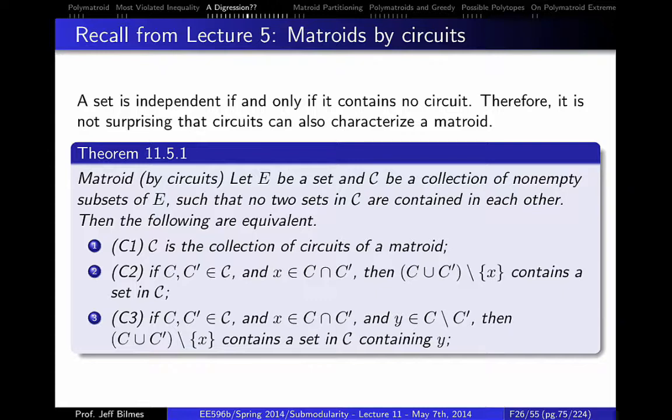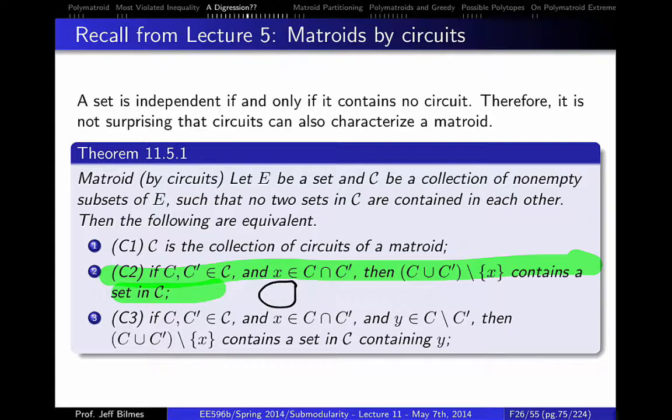And property 2 is the critical one that we want to review, which says that we can do the following thing. If we've got two circuits, C and C prime, and remember this picture that we drew? Let's just use the graphic matroid as an example.